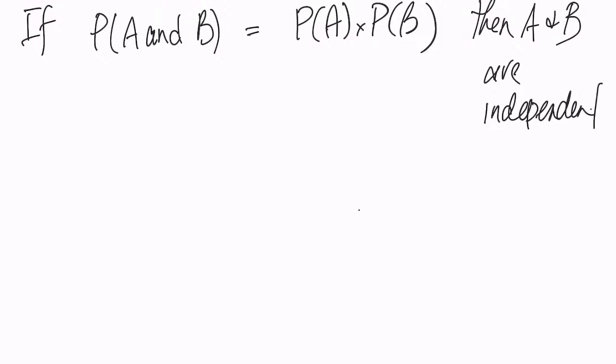So the way I suggested that you do this is you take what's called the left-hand side, or LHS, and you find that. So what's the probability of A and B? If you go back to the drawing, where do they coincide out of the whole thing?